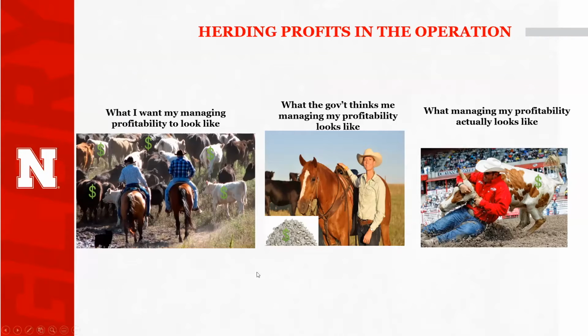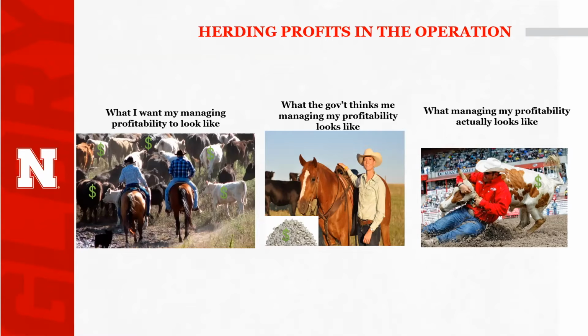And then we have, with the government, some of their policies and some of the commentary we get from some of the state and federal legislators. They think that we're just rolling in profits, so much that we might as well start feeding all the cash that we have to our animals. But when we actually come down to it, executing a price risk management strategy in volatile markets can often feel like a steer wrestle.